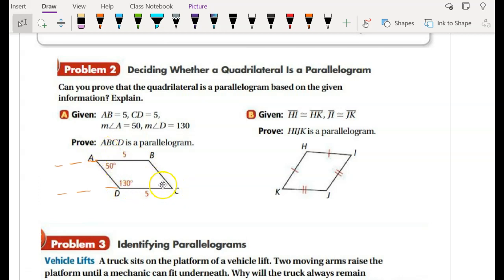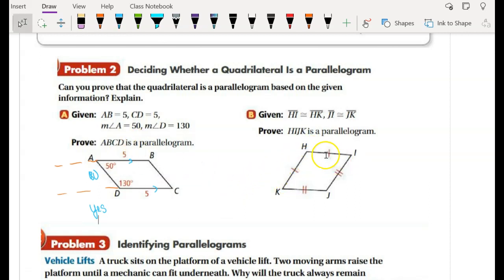Does that happen? It does. So 50 plus 130 is equal to 180 degrees. So I now know that yes, this is a parallelogram.